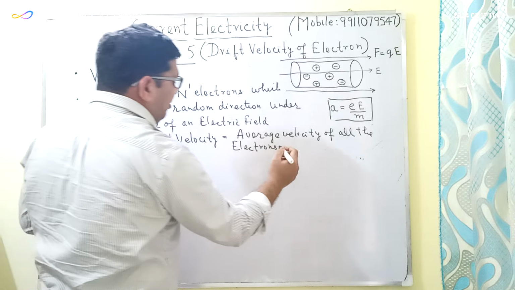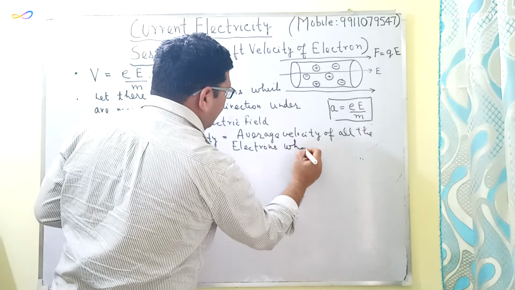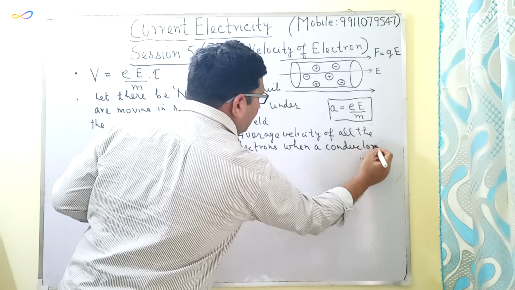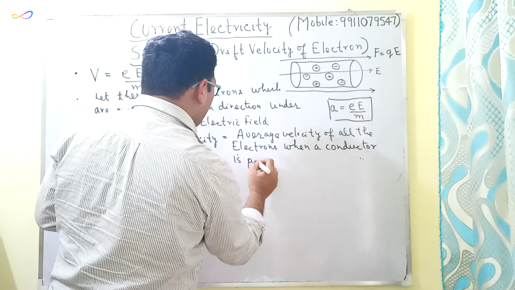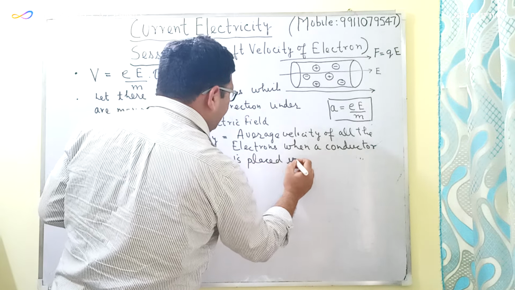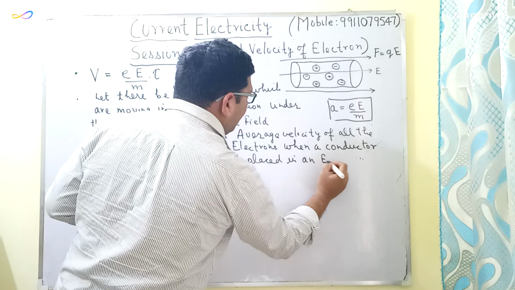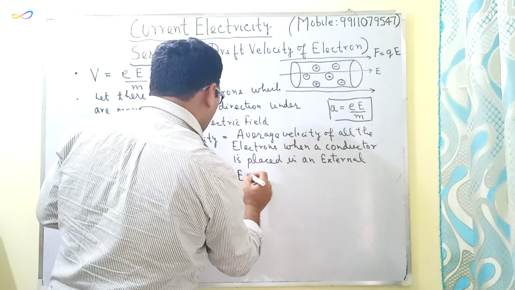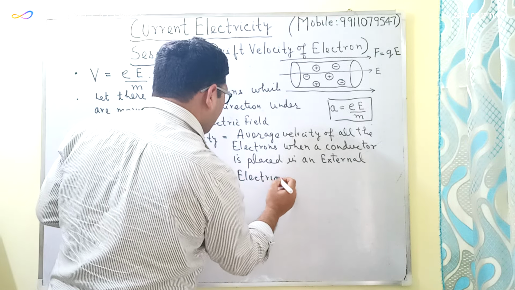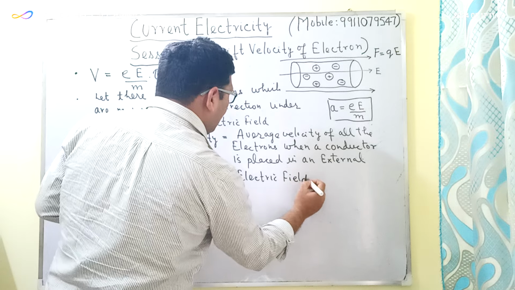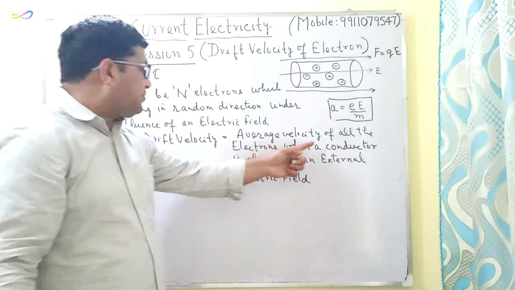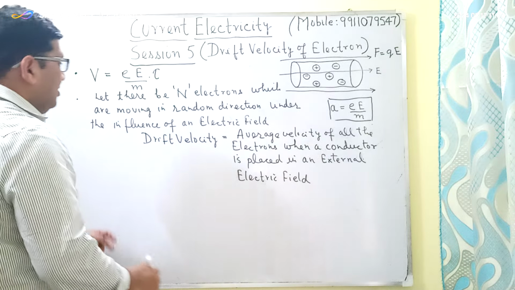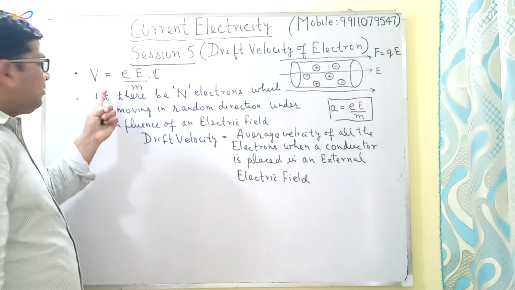Drift velocity is the average velocity of all the electrons when a conductor is placed in an external electric field. Now the average velocity of an electron is given by this formula.